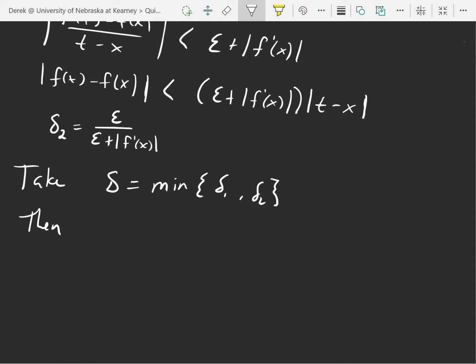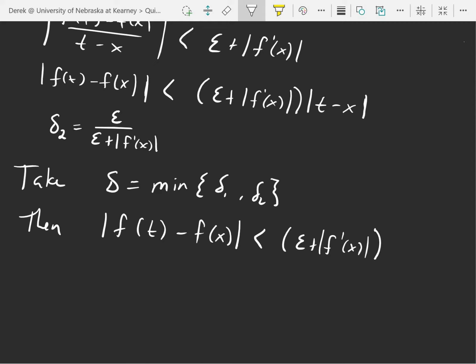Then, because it's smaller than delta 1, I get to do the algebra I just did. And we get to see that |f(t) - f(x)| is less than (epsilon plus |f'(x)|) times |t - x|.